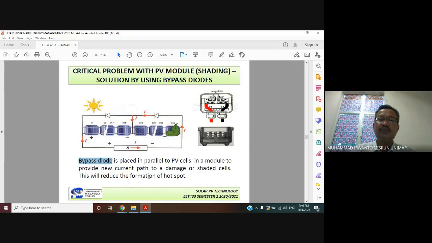This will reduce the formation of hot spots. Normally we can observe at the back of the PV module one small box. If we open it, we can see two diodes. This diode we call a bypass diode. Its function is to bypass current if one part of the PV module has shading.